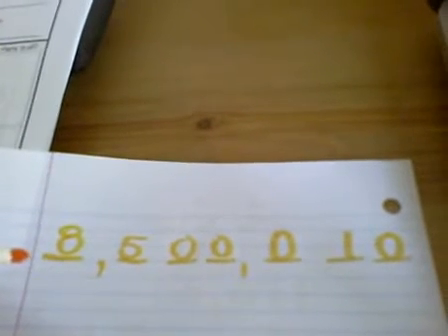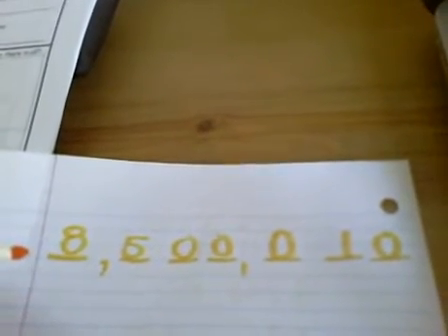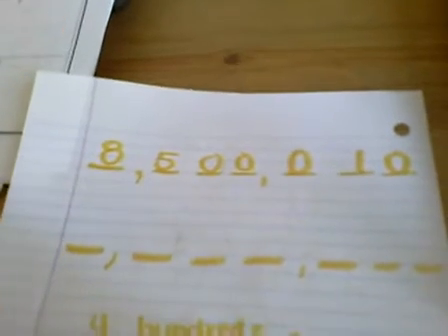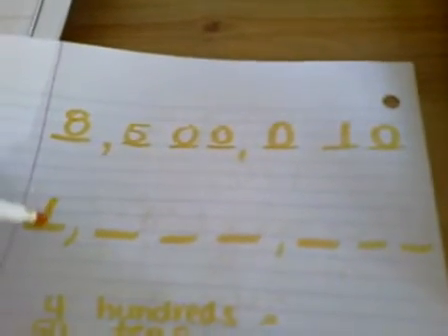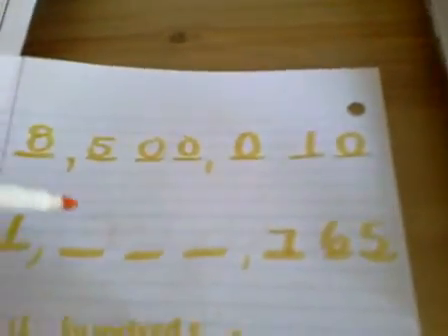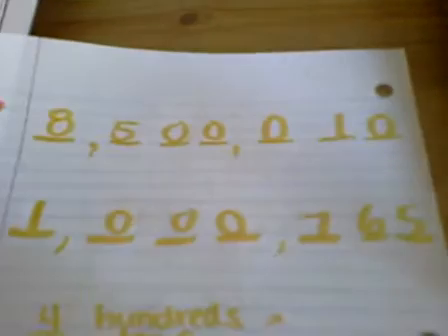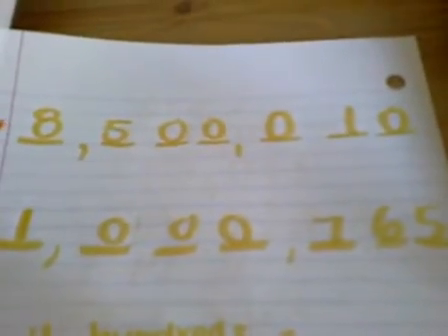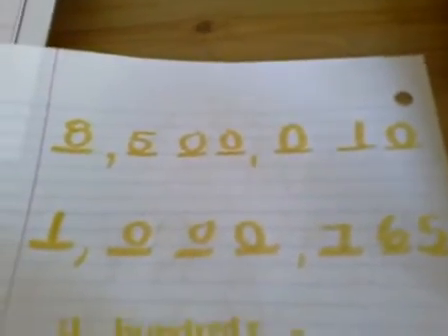The next one says 1,765,000. So I'm going to fill in my blanks for that. 1 goes in the millions place. 765 looks like this. So all my other blanks get zeros. So that is 1,765,000. The next one is funny numbers.